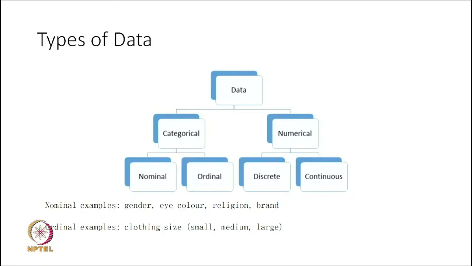So, you can classify the data into two forms. One is categorical data and the other is numerical data. In the numerical data, the data is always in numbers. That means it could be real values, or just integers or some discrete quantity, discrete values 1, 2, 3, 4, 5 and so on.